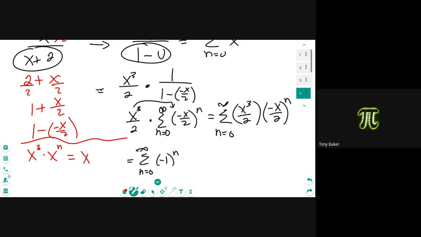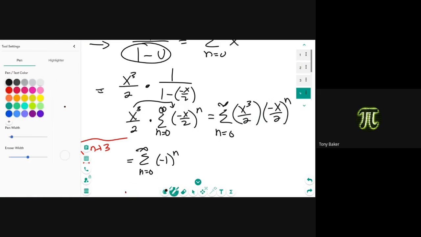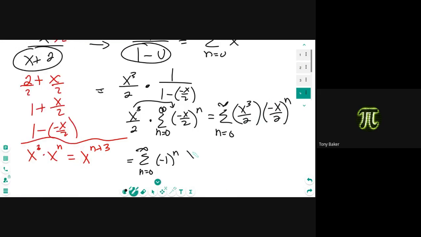Yes, because multiplication becomes addition, so I have x to the n plus 3. The 2's are on the bottom. What does the 2 become? n plus 1, because that's the n and that's the 1.